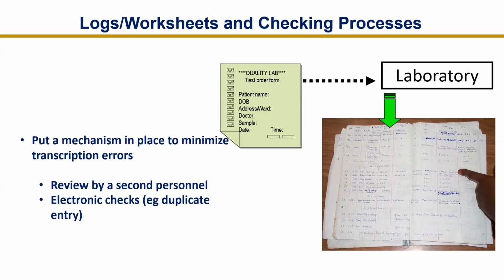And one way to do that, based on your volume, is to have a second person check and or review the results or the entry, the data that you're entering. And again, this really depends on the volume of the tests that you do, and whether you can actually manage to have a second person review your results. But at least the results need to be reviewed if you are doing some manual data entry.